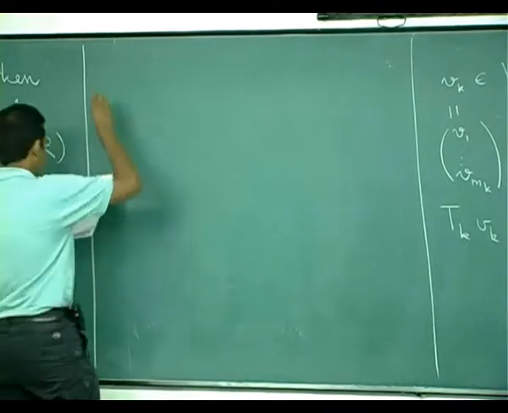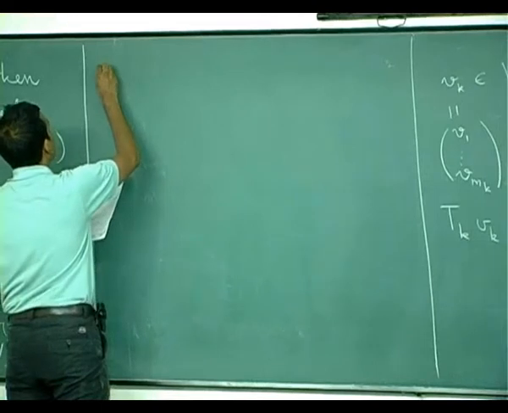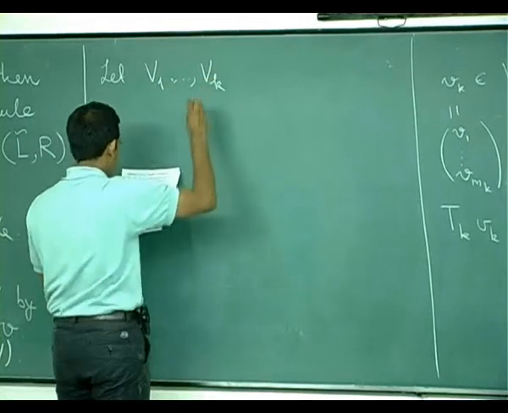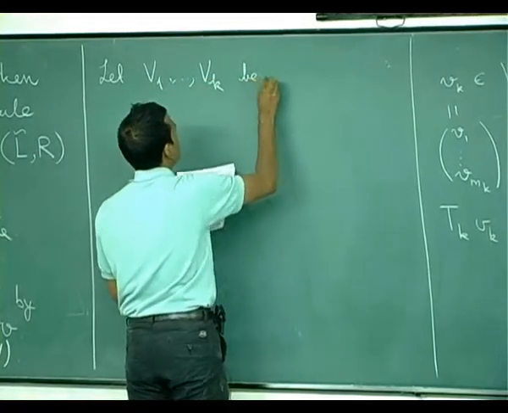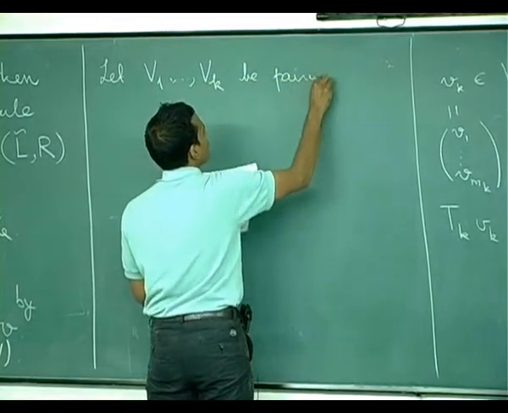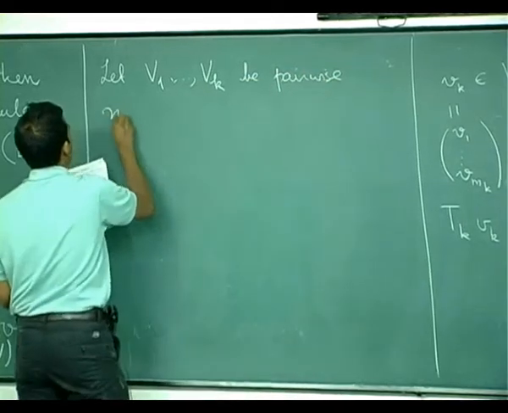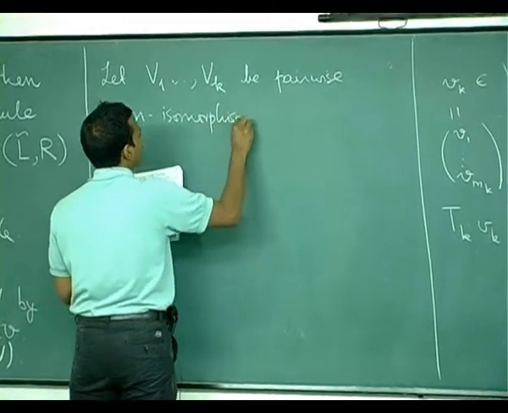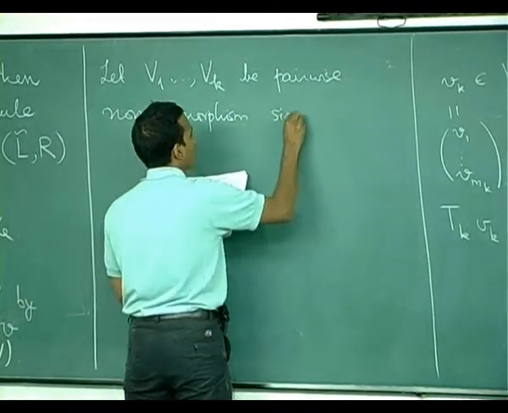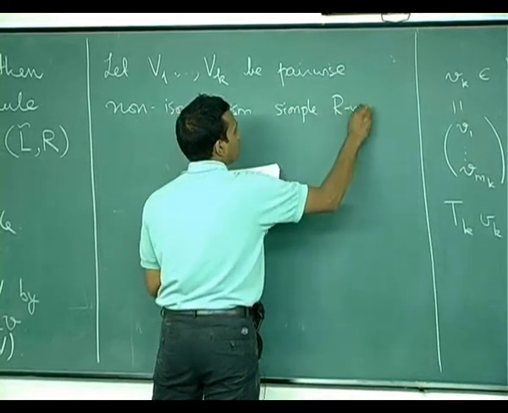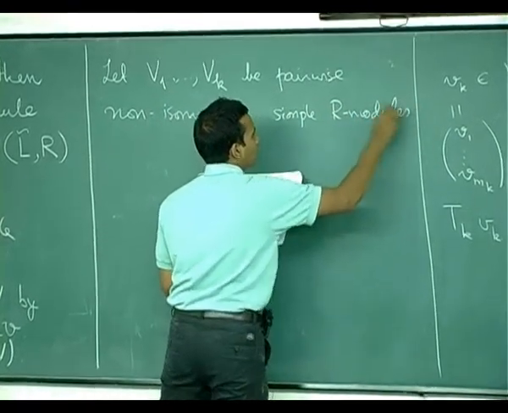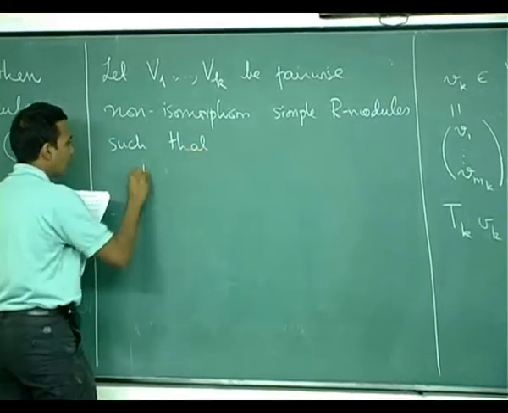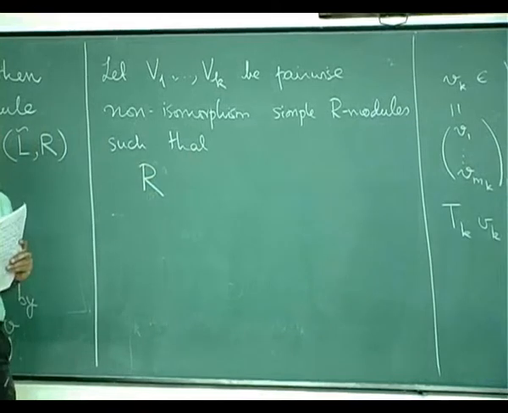So if we let V_1 up to V_k be pairwise non-isomorphic simple R modules such that R itself, viewed as an R module, decomposes accordingly.